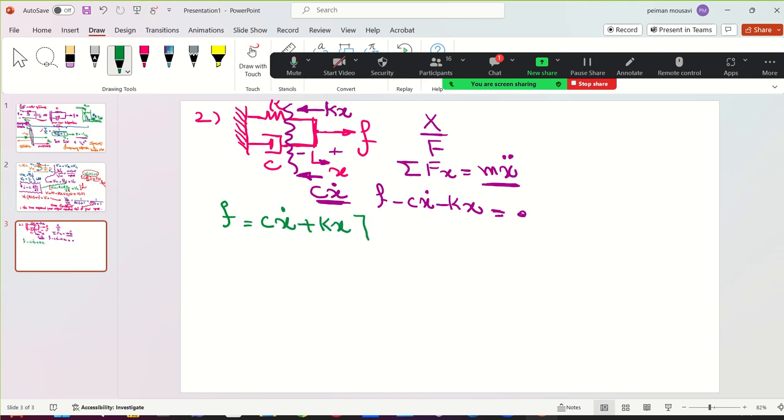This is time domain. How do I transfer to frequency domain? You tell me. Laplace.